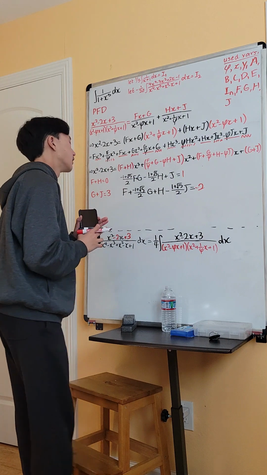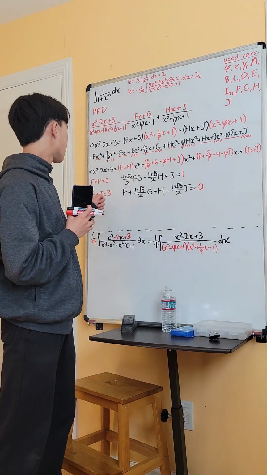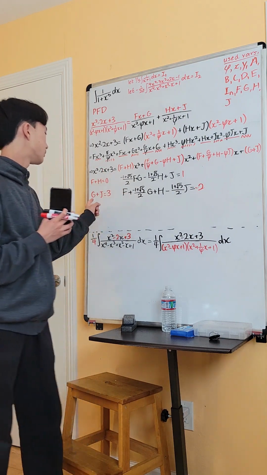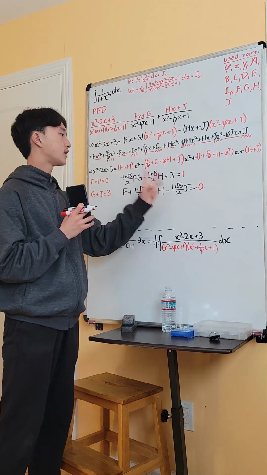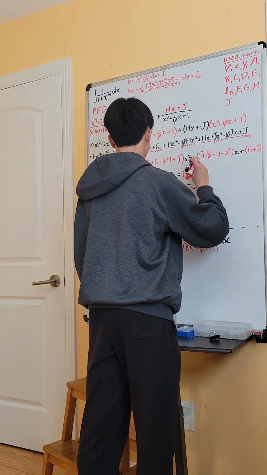Okay, for this first one, we just plug in 0 where we see... for this first one, we use g plus j equals 3. Subtract 3 on both sides, we get negative 2, on the right-hand side at least.